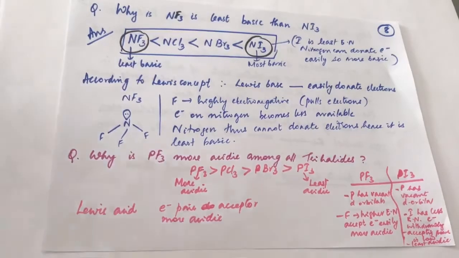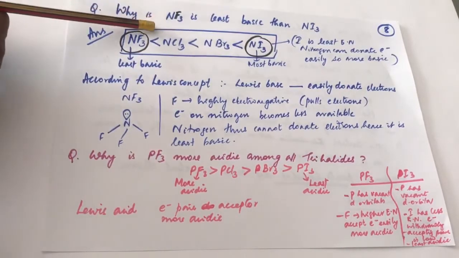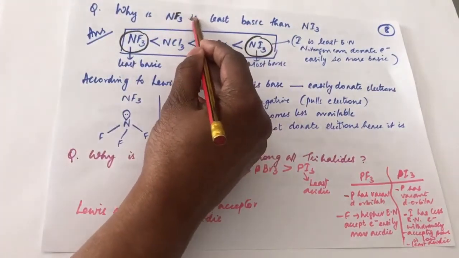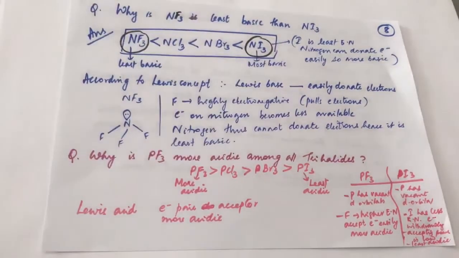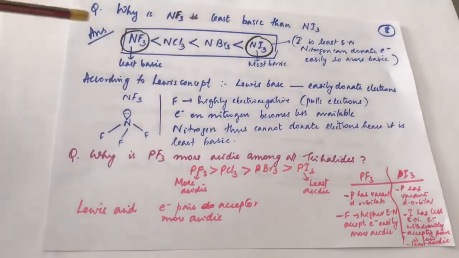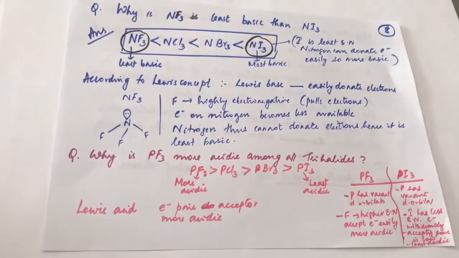Now we pass into the next slide, that is, why is NF3 least basic, and less basic than NI3. So which is the most basic? NI3. And which is the least basic? NF3. Now we are trying to explain it.